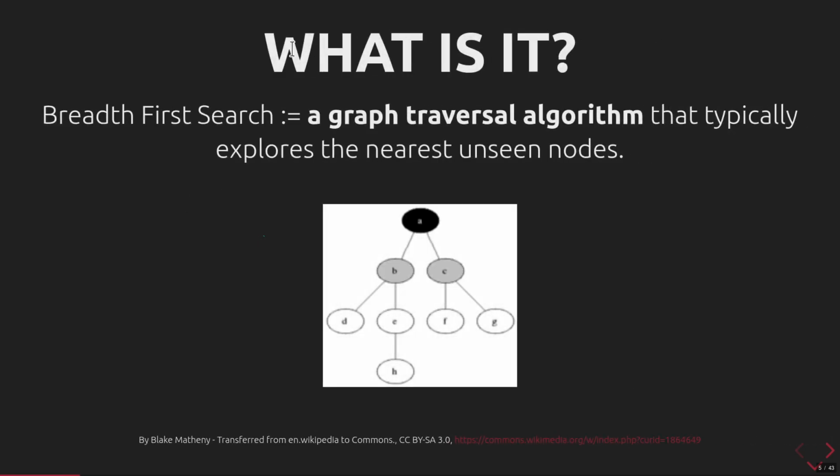All right, so I've mentioned BFS, breadth first search. What is it really? It's named breadth first search because you search the breadth. You find the nearest unseen nodes so far. This might mean that you use extra memory, or it might not.